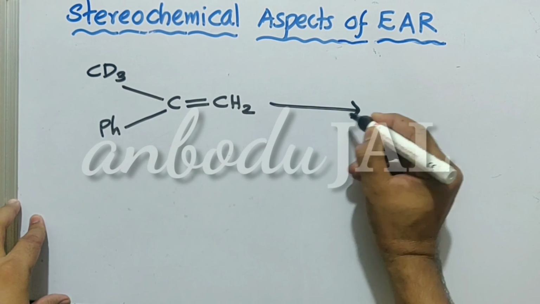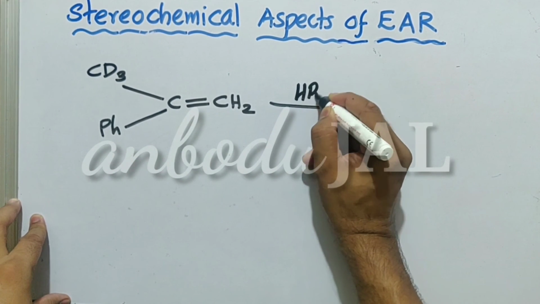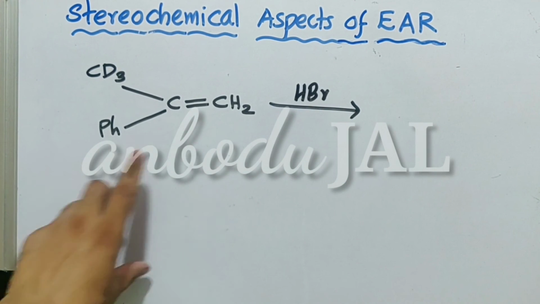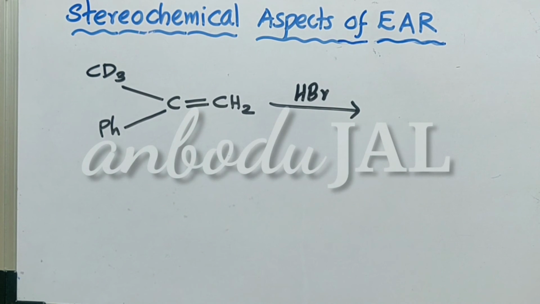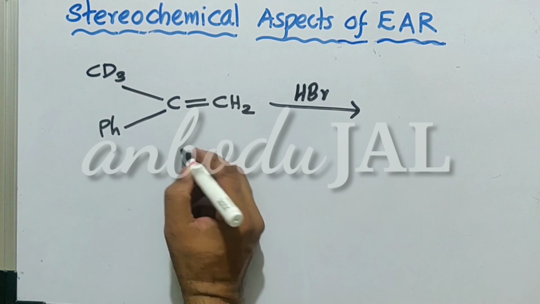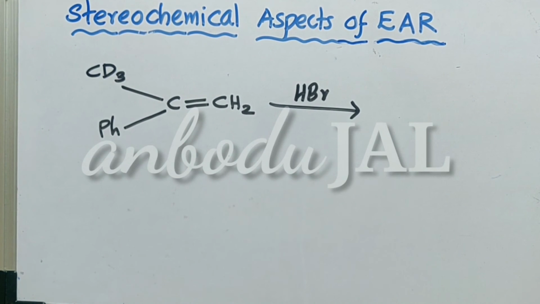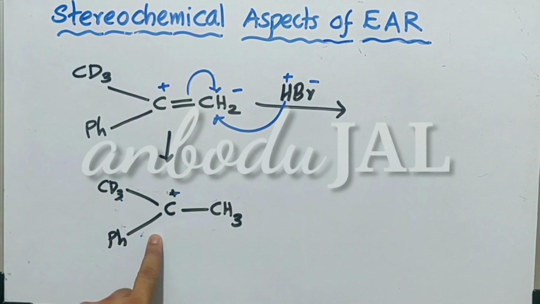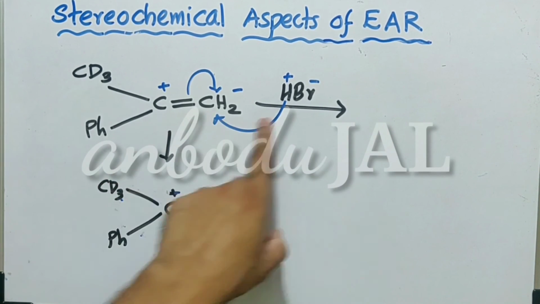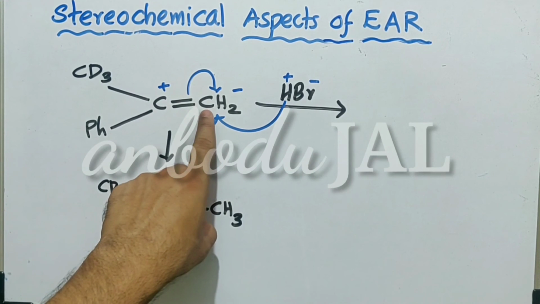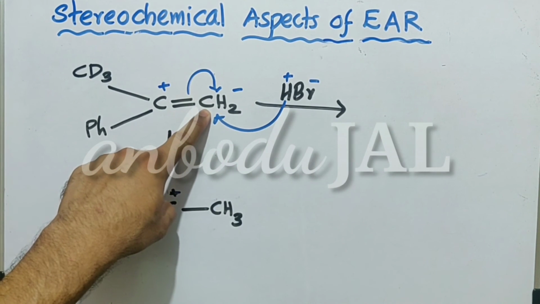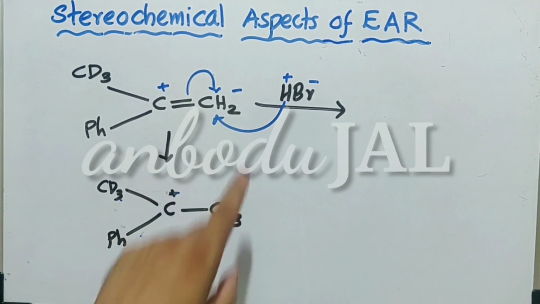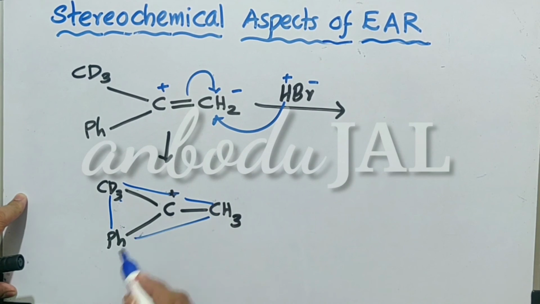Okay, so what is the product of hydrobromination of this compound? Firstly, we have to discuss the mechanism. This is the carbocation formed from this one. Okay, H plus is attached to this carbon which carries the maximum number of hydrogen atoms. The geometry of the carbocation is triangular planar.